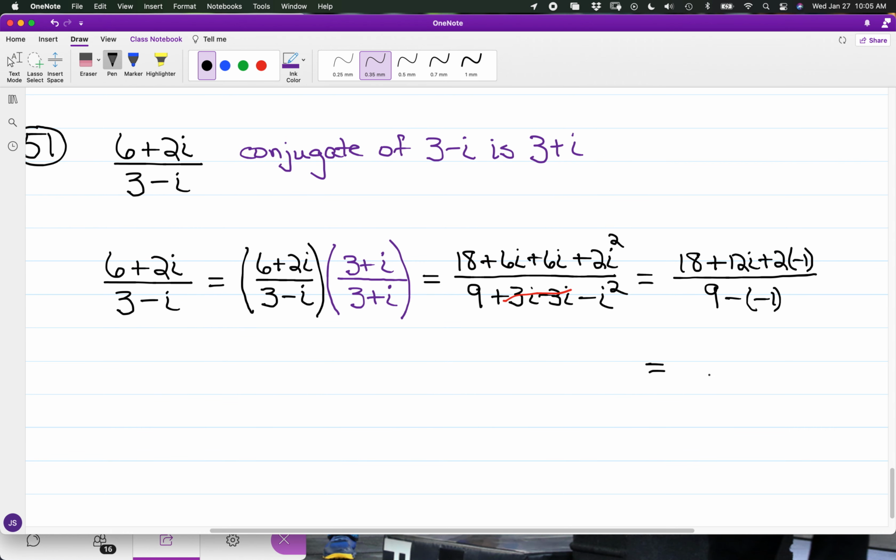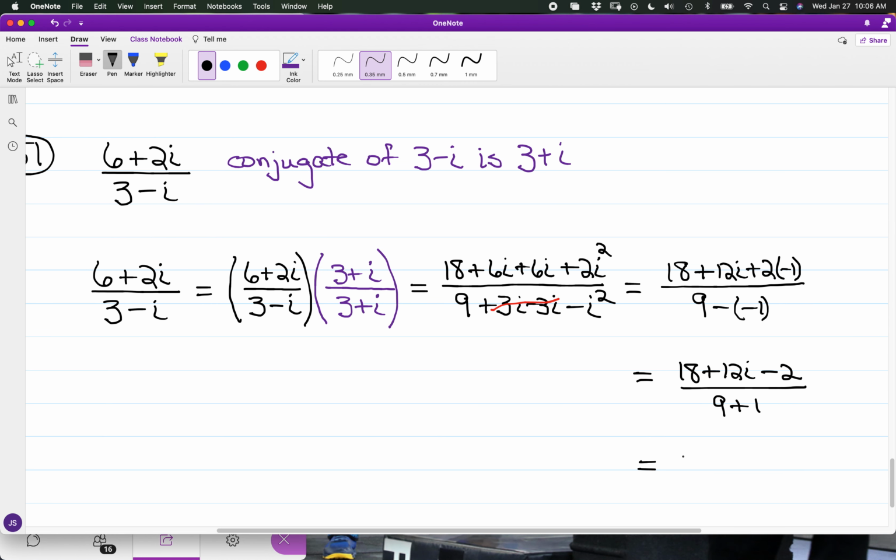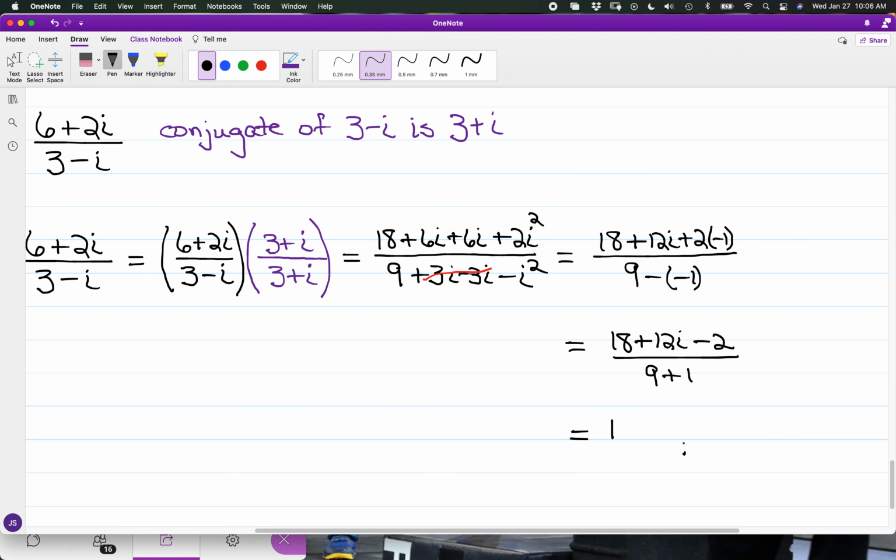And just narrowing it down, we have 18 plus 12i minus 2, again 9 minus negative 1, so that's 9 plus 1. So you have 18 minus 2 is 16. So you have 16 plus 12i all over 10.